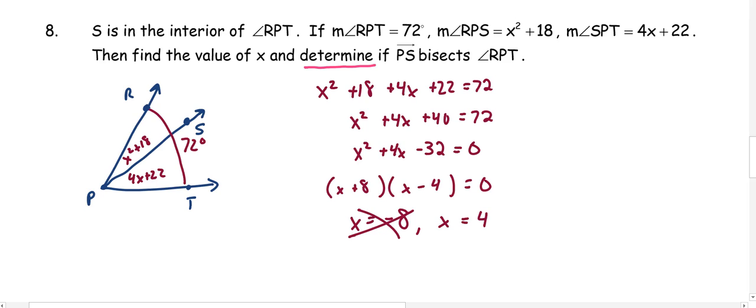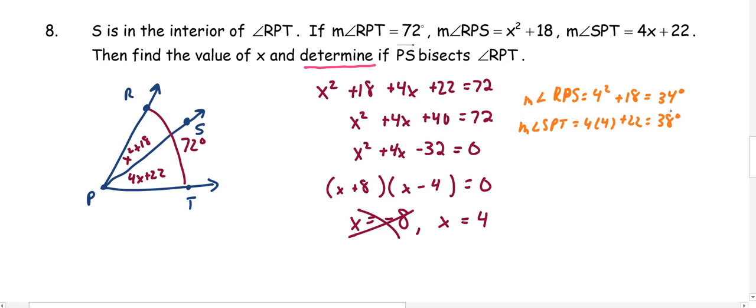So what I want to do is find the measure of RPS, which is 4 squared plus 18, which gets us 34 degrees. And I need the measure of SPT, which is 38 degrees.